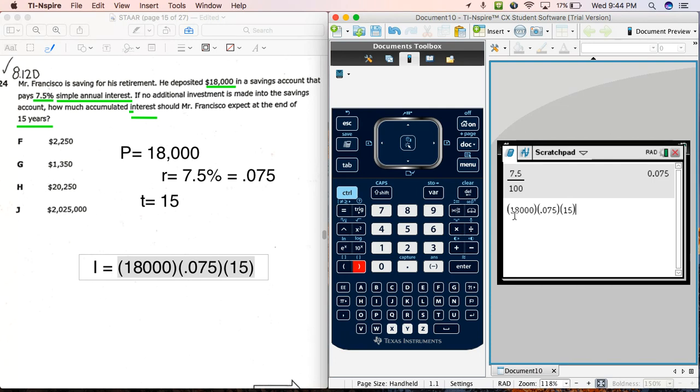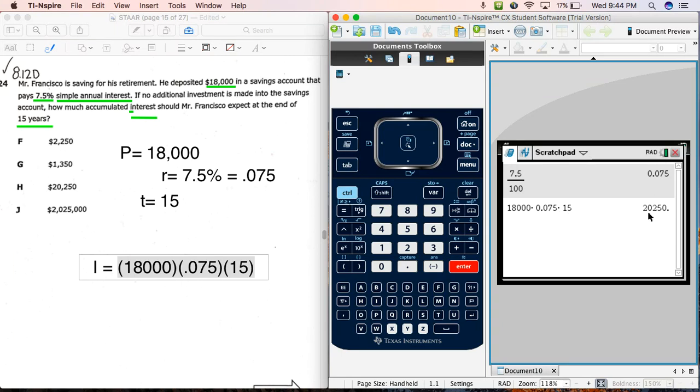Again, when something's in parentheses, it means that we're going to multiply it when it's side by side next to something. So I'm going to press enter. And as you can see, the parentheses turn into these little dots. These little dots mean multiplication.